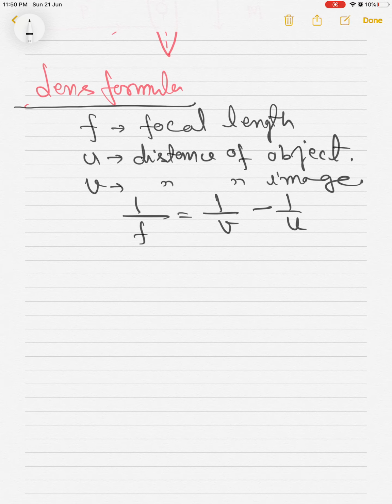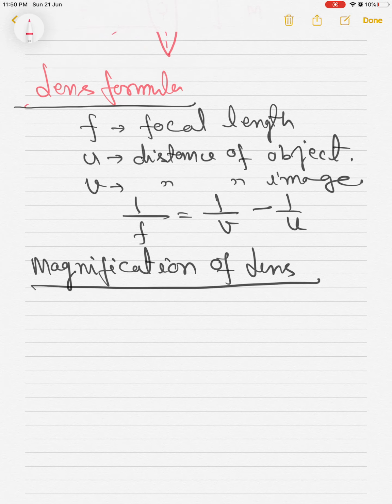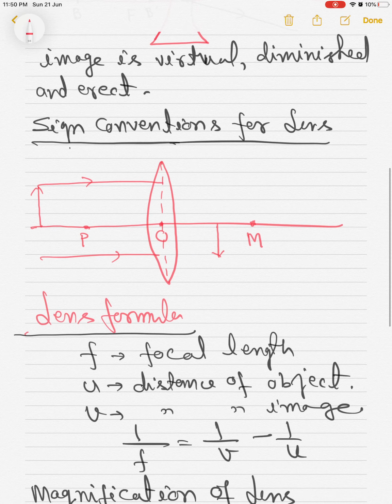Another topic is magnification of lens. Magnification is the ratio of the size of the image to the size of the object.